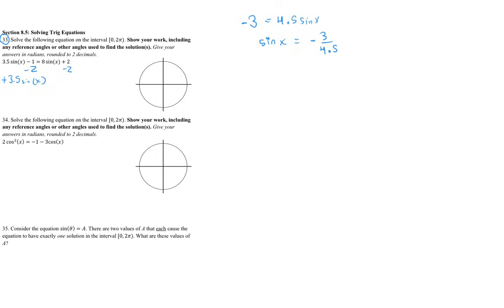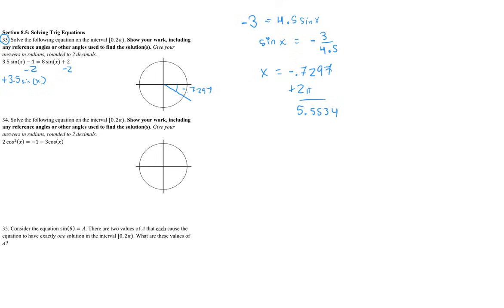If we go ahead and put the inverse sine of negative 3 over 4.5 into our calculator, we'll get negative 0.7297 is equal to x, but that's not within our bounds. So that is right here, this negative 0.7297. Now we're going to want to go ahead and add 2 pi, which will get us 5.5534.